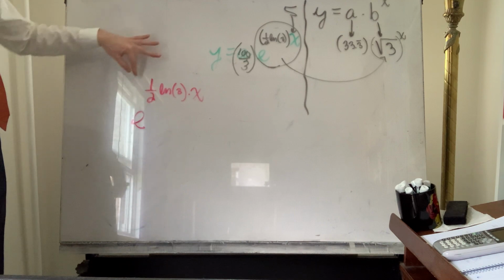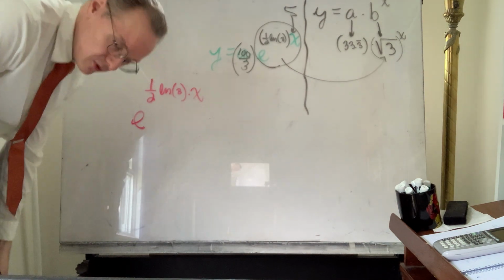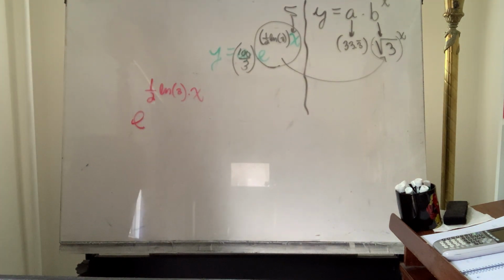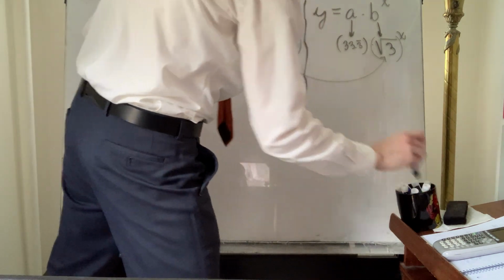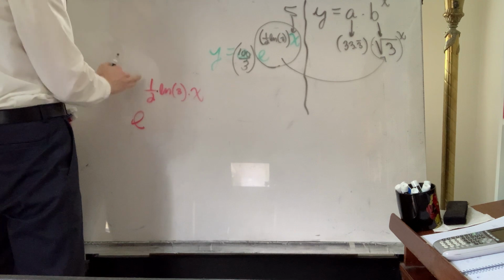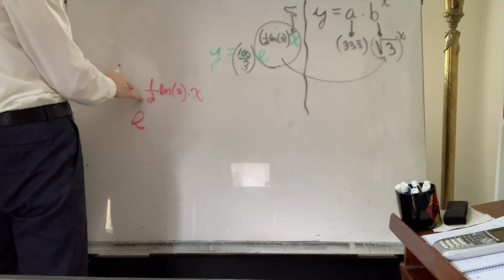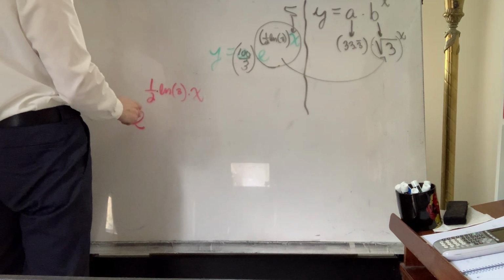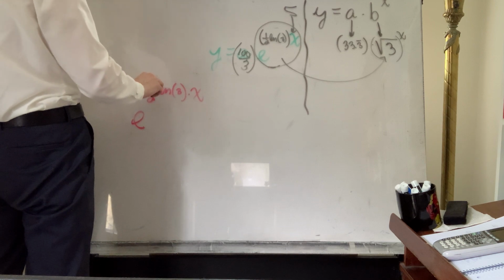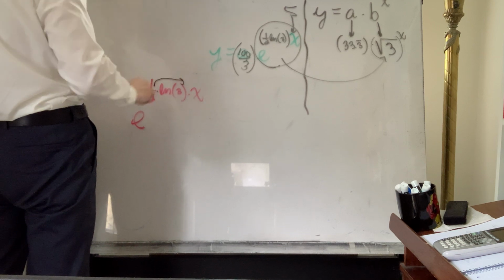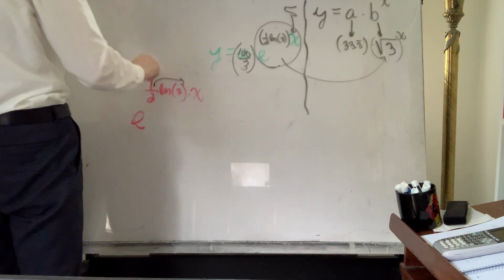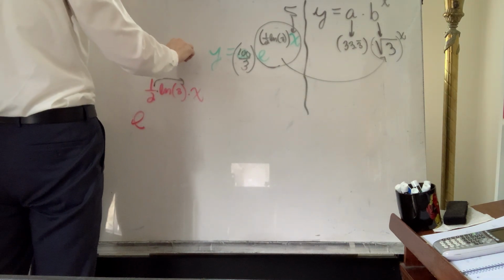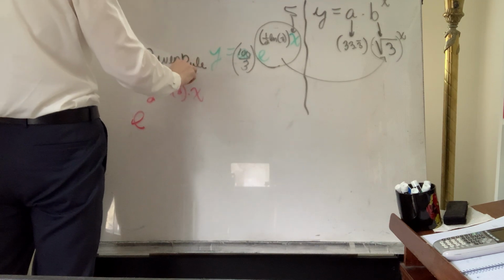We could take advantage of properties of logarithms. First of all, instead of having a fraction out in front as the coefficient, what we could do in theory is put this over here, according to the power rule, and then it would be half.